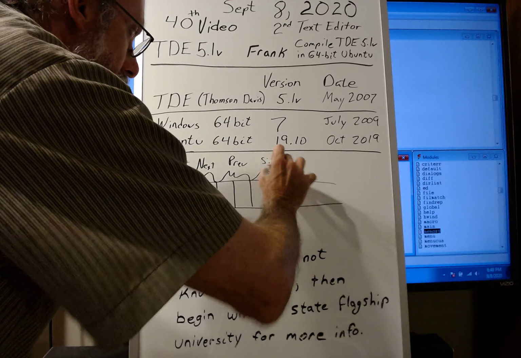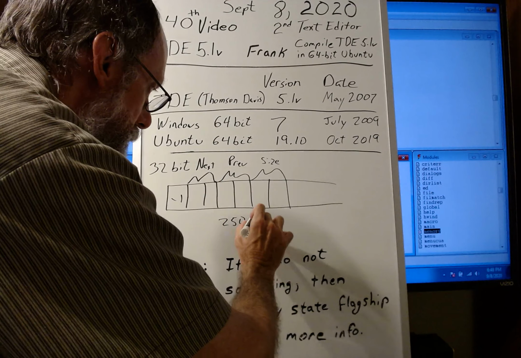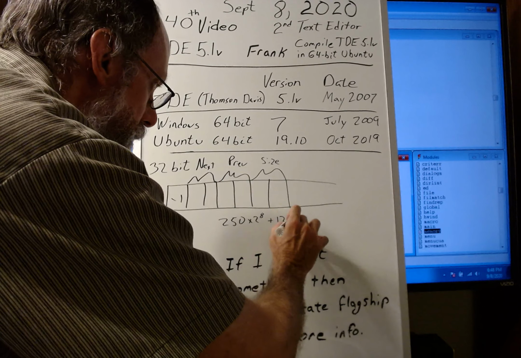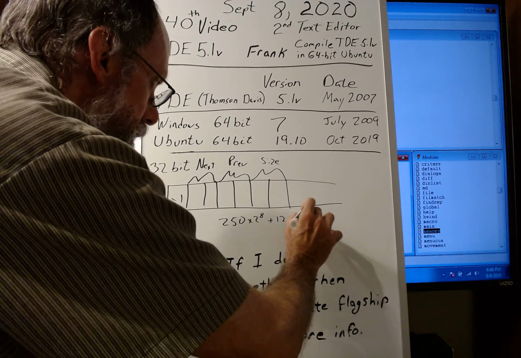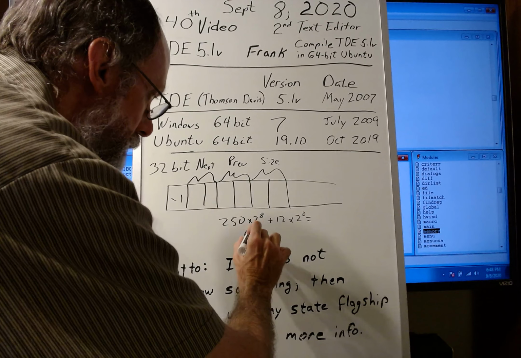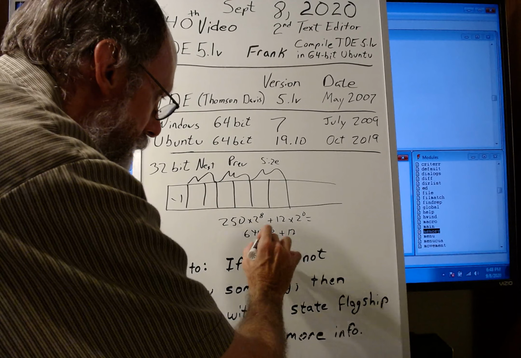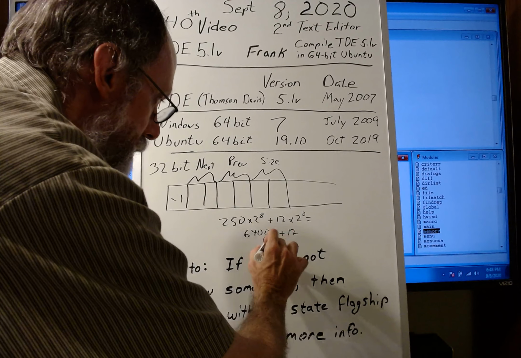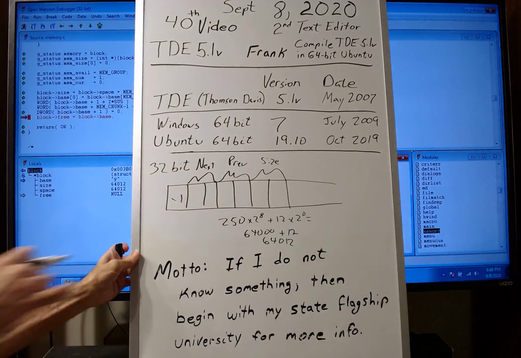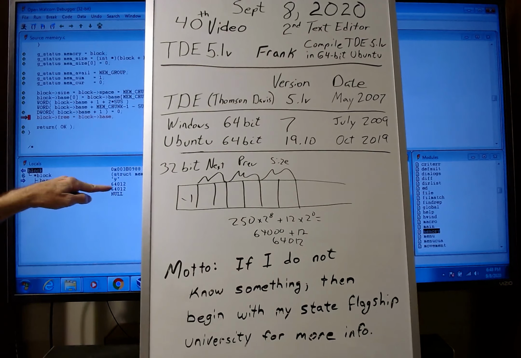And that 250 times 2 to the 8th plus 12 times 2 to the 0 is 64,000 plus 12, which is 6412, and that is that 6412 there.